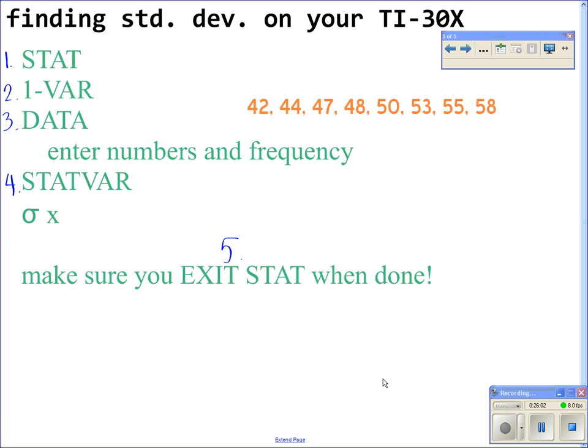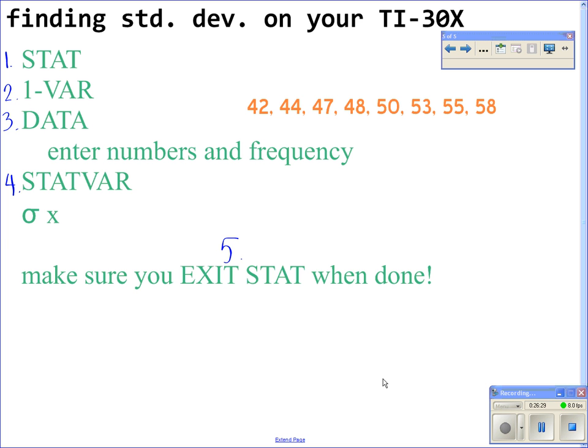Hit 42 and then hit the down arrow and it should say frequency 1. Now you would only change this if you had multiple 42s. We don't have any duplicate numbers, so all of our frequencies are going to be 1 because it only happens once. That way, if you have like six 50s, you don't have to type 50 in six times. That's why it's there. So just scroll down again to x2 and enter all of your numbers.